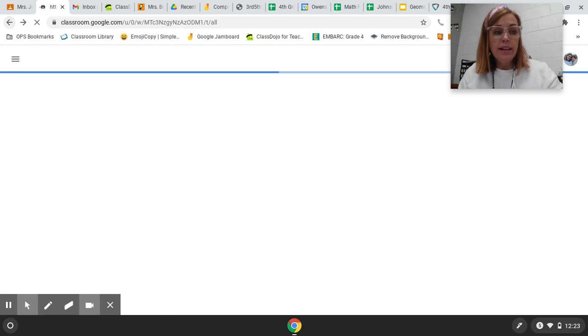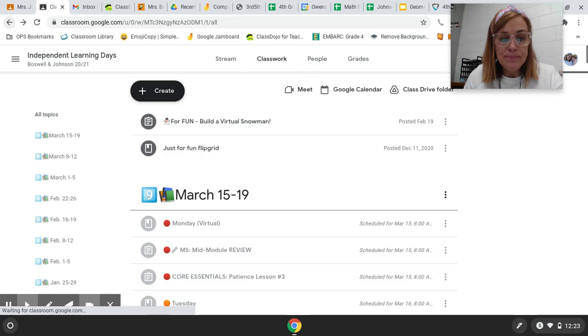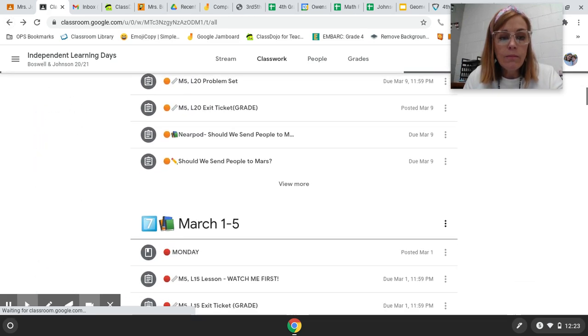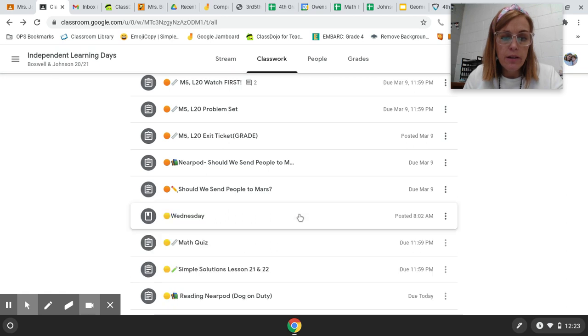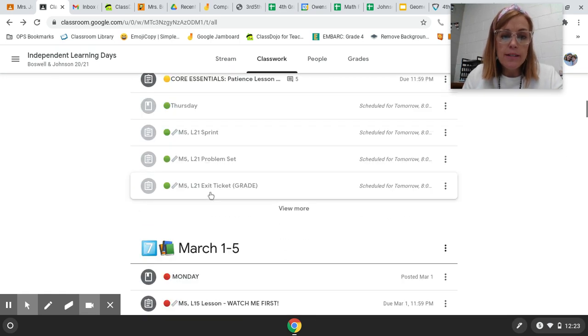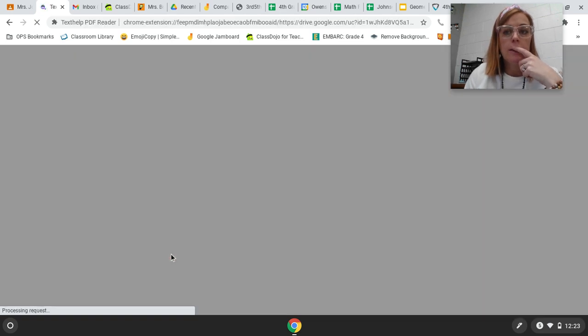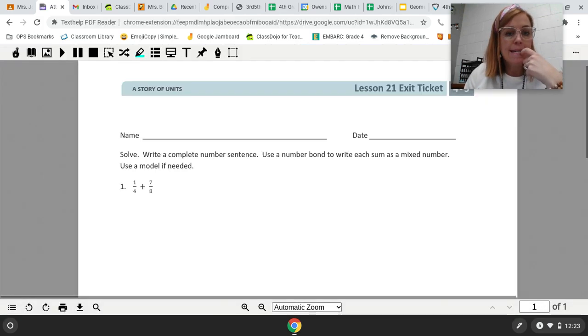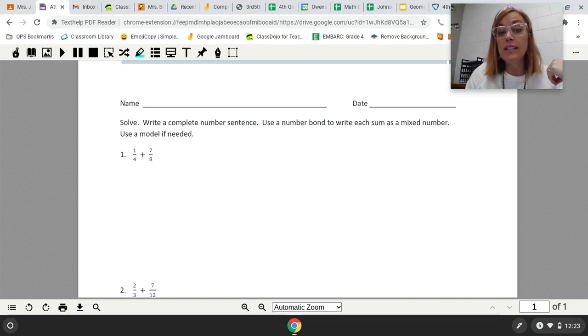And then let's take a look at the exit ticket together real quick so you're aware of your expectation on that. So for the exit ticket, solve. Write a complete number sentence.